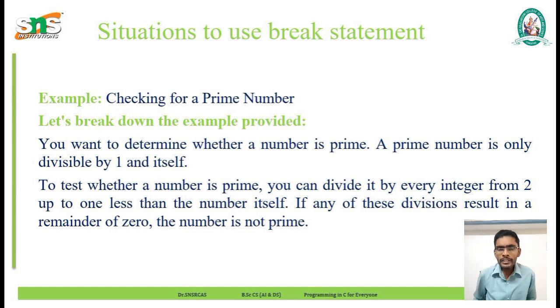If you want to determine whether a number is prime or not, you know what a prime number is? A prime number is basically divisible only by itself and 1. So to test whether a number is prime, you can divide it by every integer starting from 2 up to 1 less than the number.